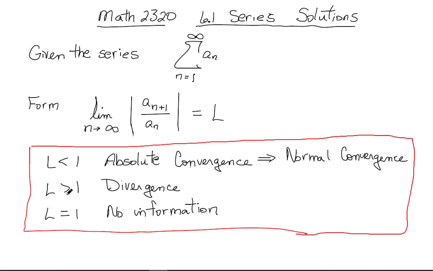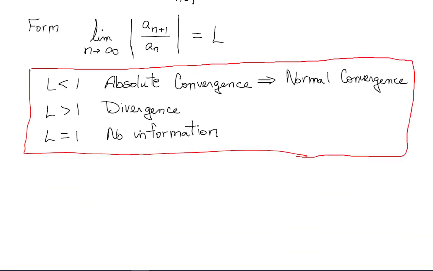If L is running off to infinity or any number bigger than 1, the series diverges. And if the limit is exactly 1, the test provides no information, which means you need to try something else. Alright, so that's just a basic test we're going to be using often here with series.